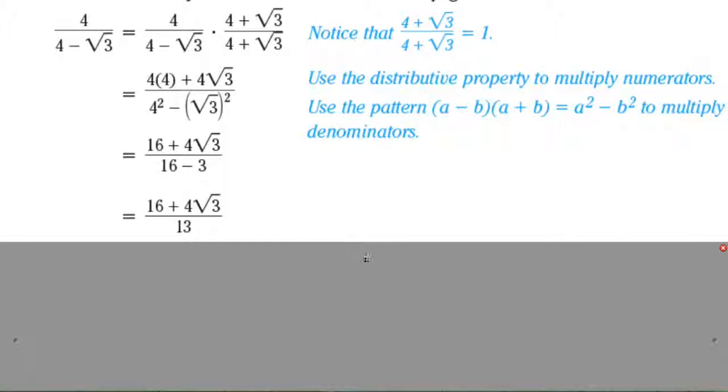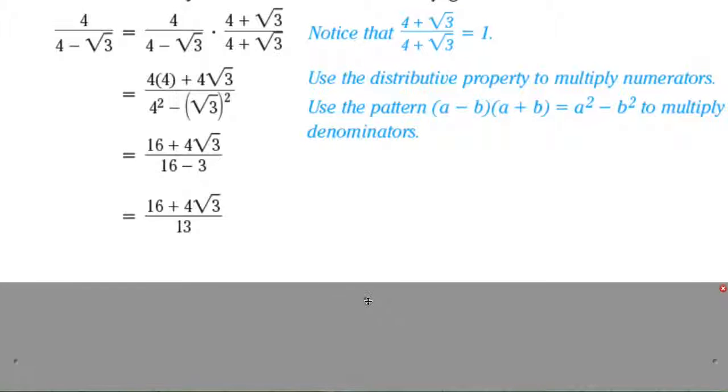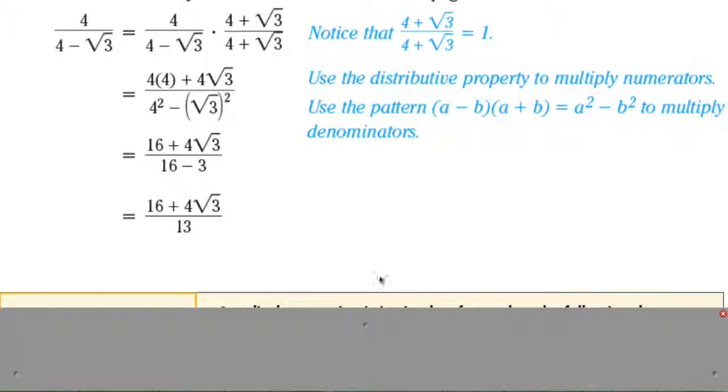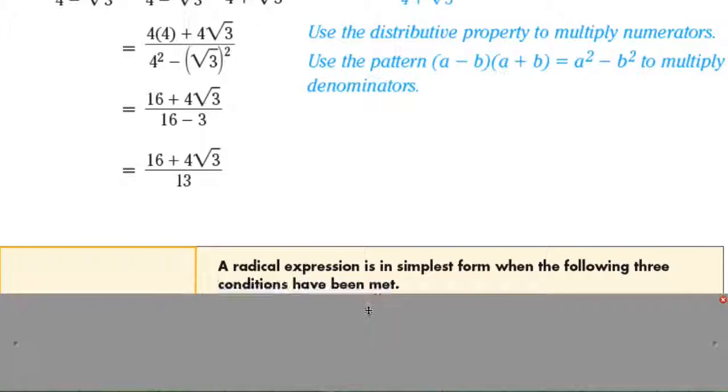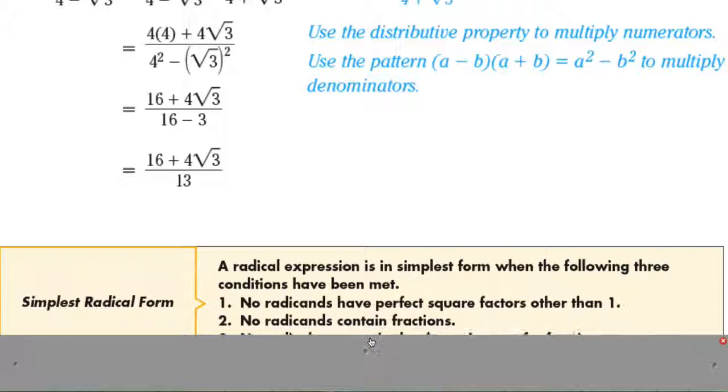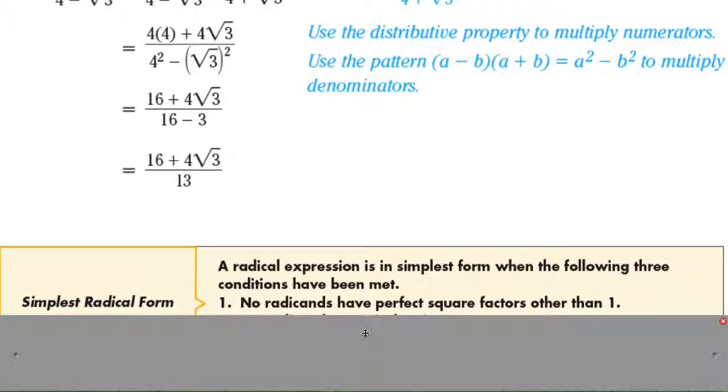Okay? Now, I mentioned this a little while ago, but when simplifying radical expressions, check the following conditions to determine if the expression is in simplest form. So these are the conditions that will tell you that the expression, okay, a radical expression, is in simplest form. First, okay, no radicals have perfect square factors other than 1.